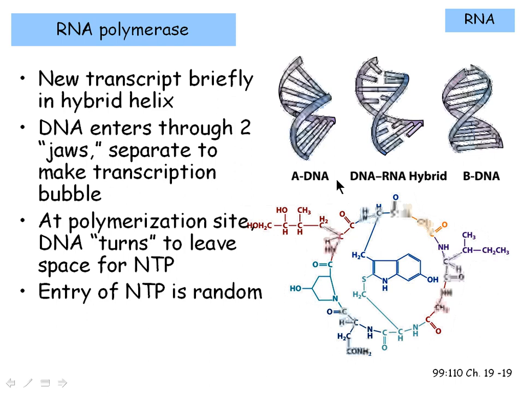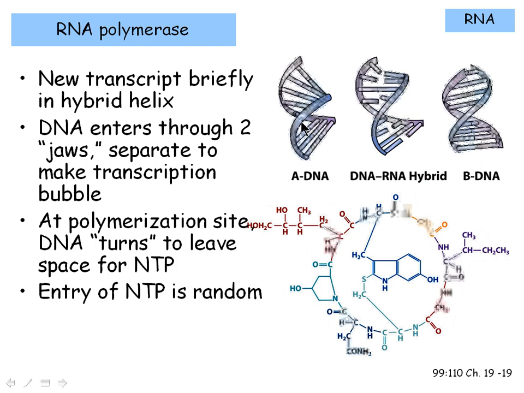If you think about it, while you're making a new RNA molecule, there will be at least a little stretch of that that is an RNA-DNA hybrid. And so there is a little stretch in that new transcript that is in a DNA-RNA hybrid form. And the overall features of a DNA-RNA hybrid are most similar to the A DNA form of the straight DNA.